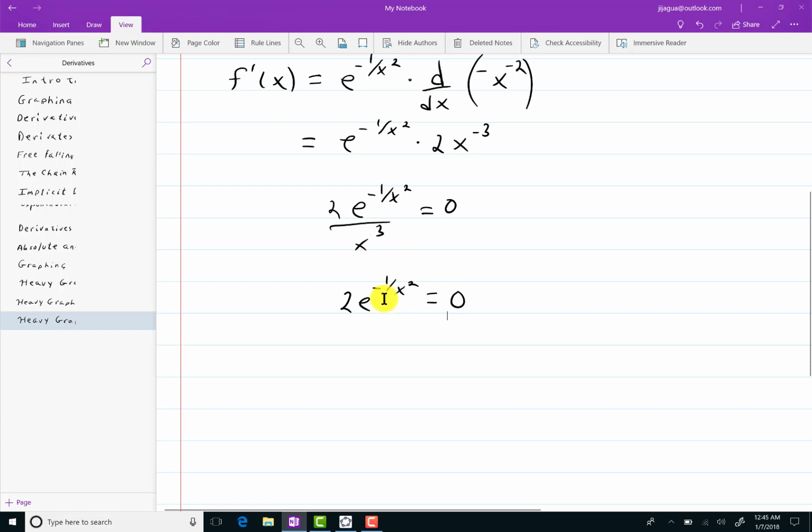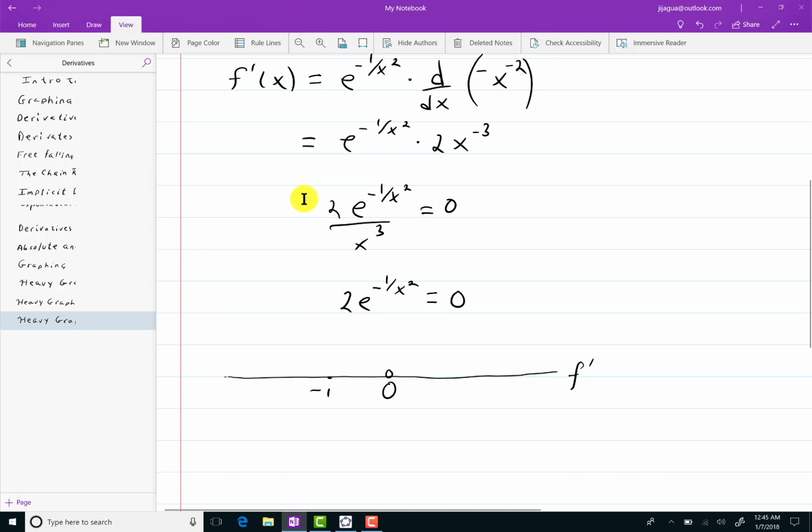If this isn't enough to tell you, this certainly is enough to tell you. So when I draw my number line, I'll mark off 0, and once again, you know why I put that circle there, to let you know that it's not defined. Let's go ahead and pick a negative number. I really don't care. I'll use negative 1. If I throw negative 1 in here, like I said, e to whatever is always a positive number.